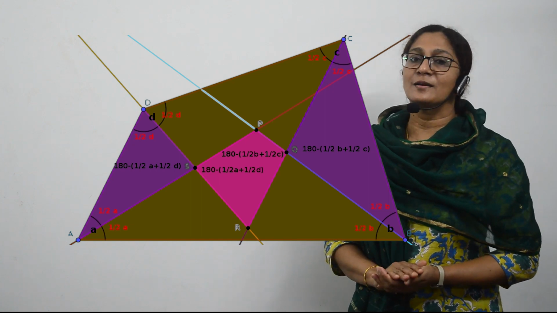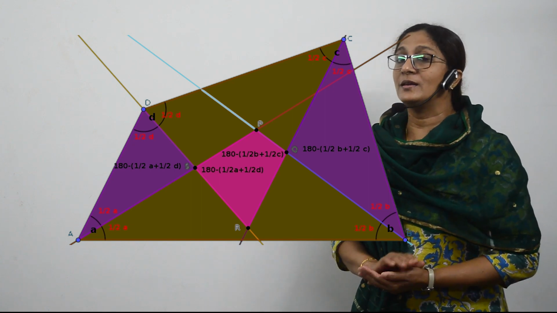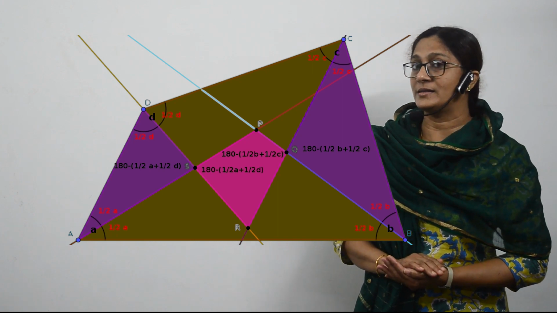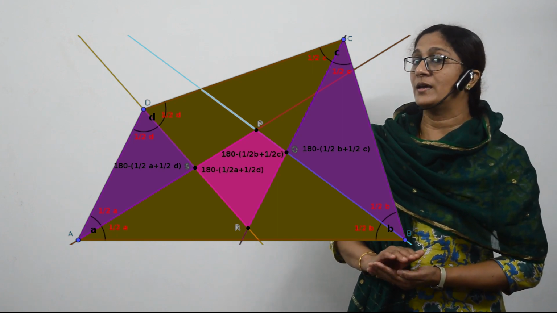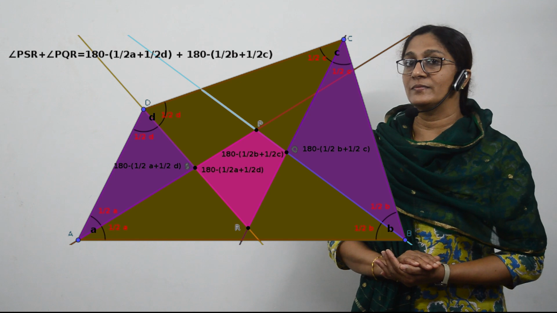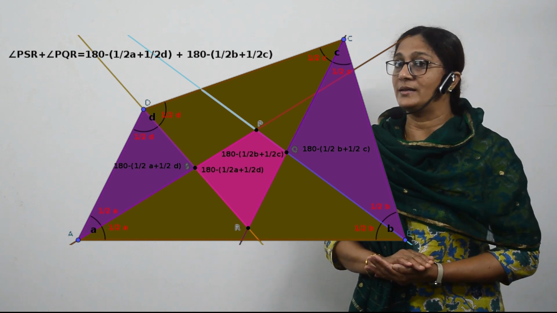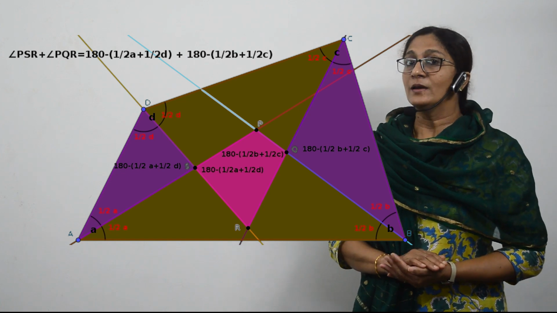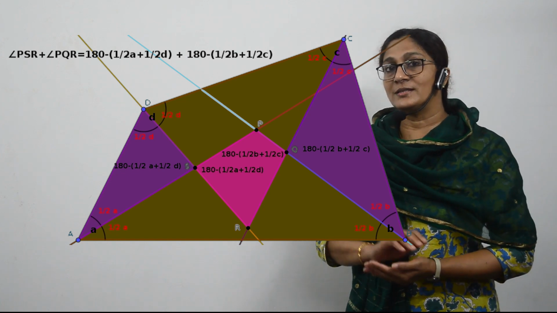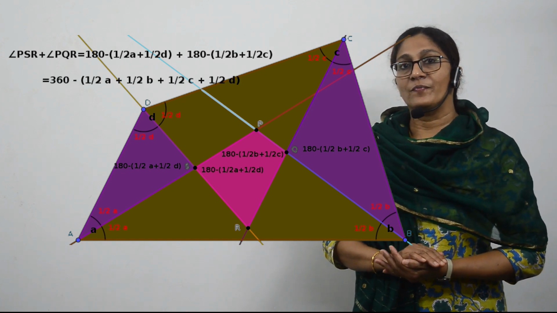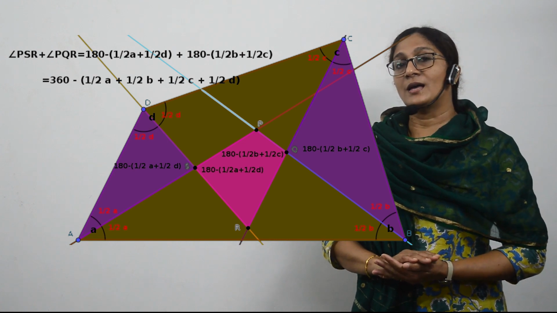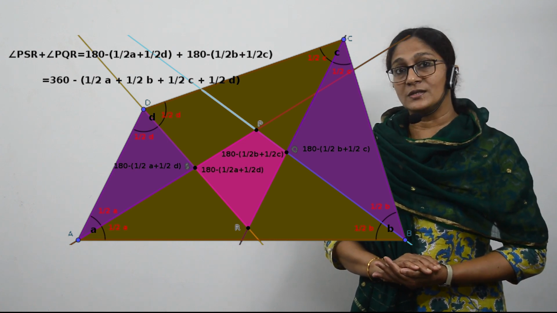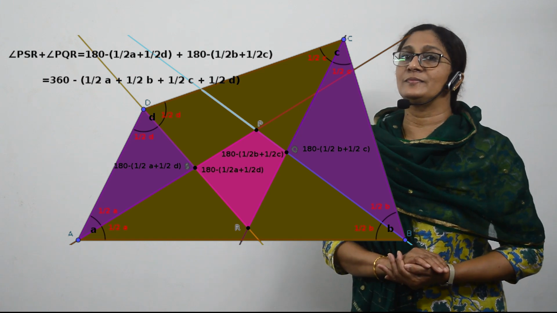Angle PSR plus angle PQR equals 180 minus (half A plus half D) plus 180 minus (half B plus half C), which gives us 360 minus (half A plus half B plus half C plus half D).